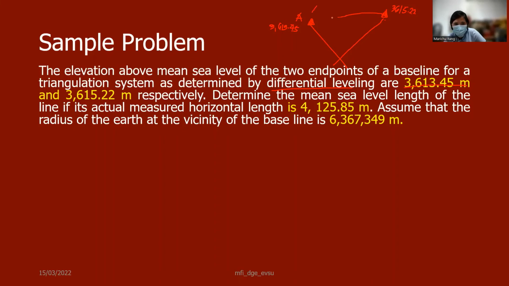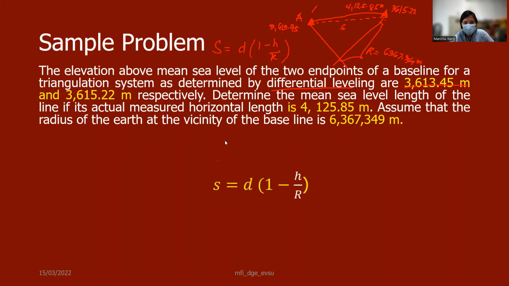So this is the measured distance, which is equivalent to 4,125.85 meters. Now, our target is to determine the reduced sea level distance, which is noted as our S. And we already have the given value of our R, which is 6367349 meters. So we just employ our formula, D times 1 minus H over R, to determine our sea level distance.